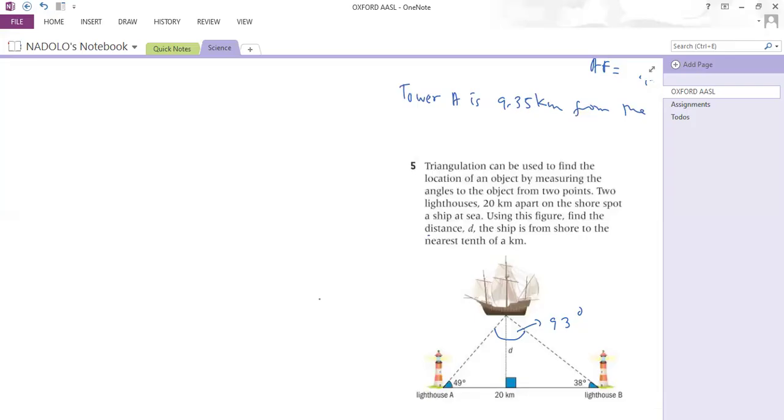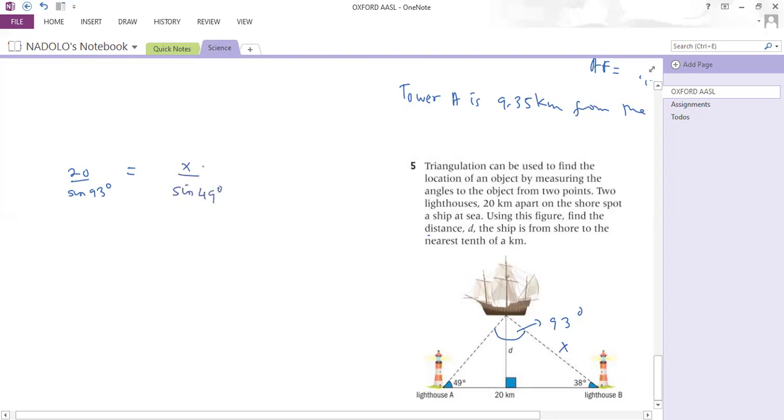Okay, so with that in mind, we are going to say 20 divided by sine 93 degrees should be equal to, because we want this hypotenuse, let's call it x, x divided by the angle facing x, which is 49, so sine 49 degrees.